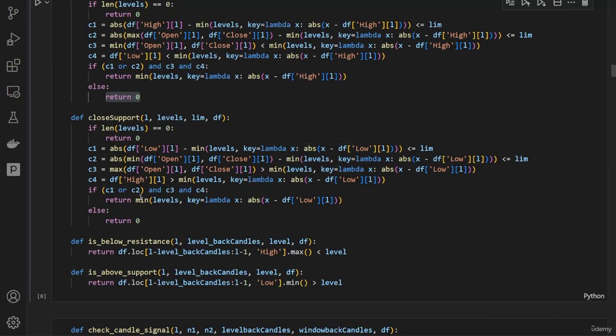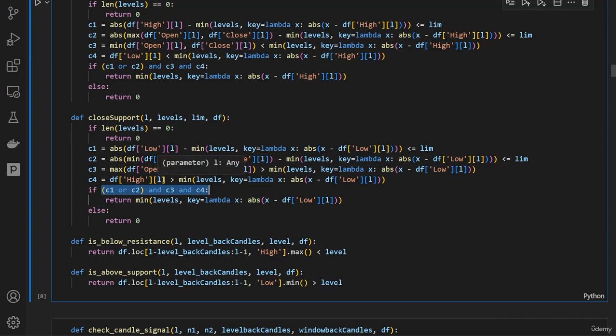The reason we have these somewhat redundant conditions is that you can combine them differently to get different ways of generating your signal. For example, if you want to confine the whole candle below the resistance or above the support, including the high and low prices, then we can impose these conditions here.